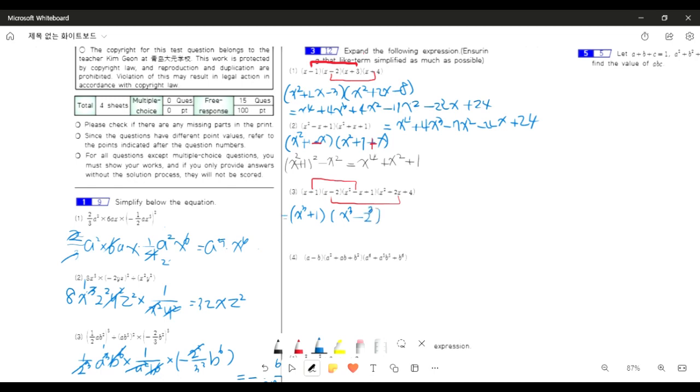So expanding the cube equation, then x to the 6 minus 7x to the cube minus, that is the answer.